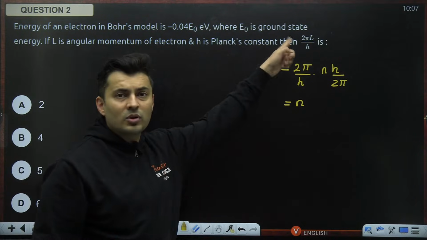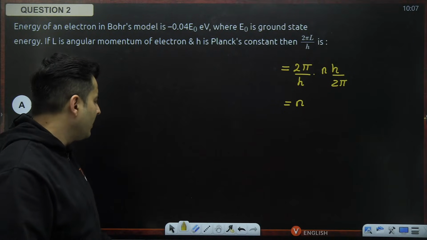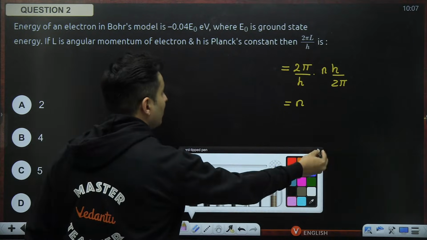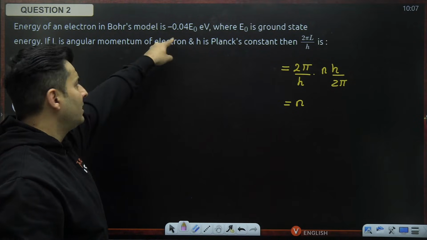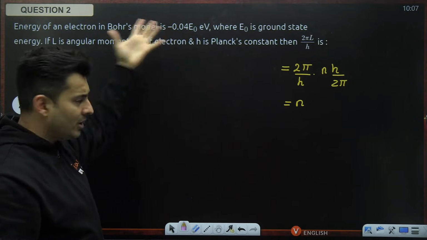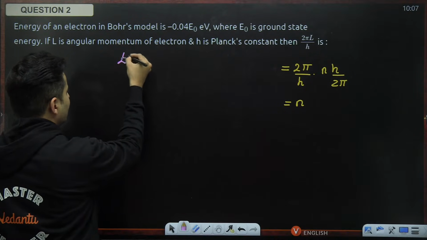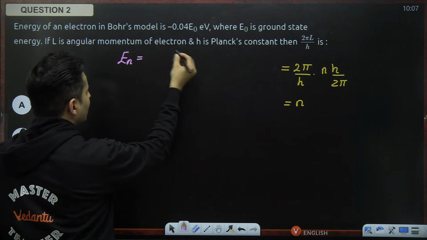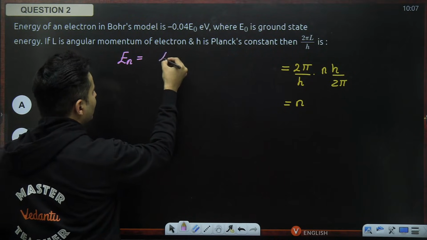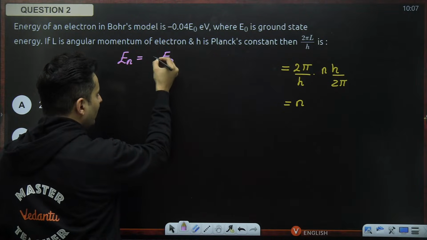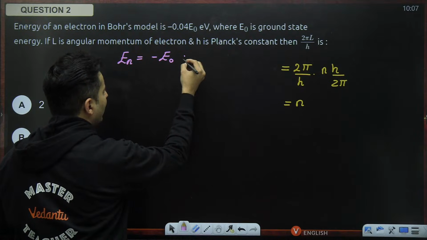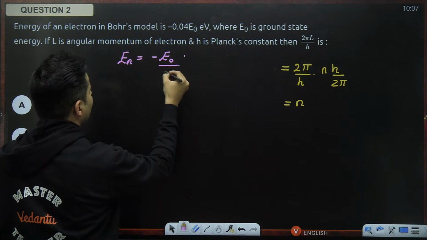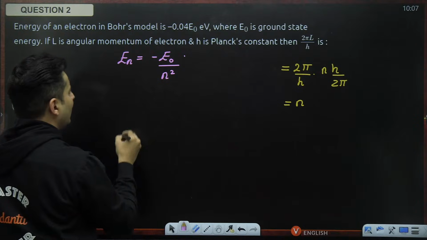Many kids got confused when they saw this in the actual paper. And some students were also not able to understand what this was. See, if E naught is the ground state energy and this is the energy in some nth orbit, we know energy in any nth orbit is nothing but your ground state energy into z square divided by n square, but here z will be the same, so just divided by n square.